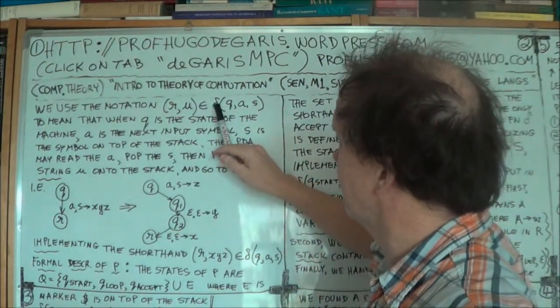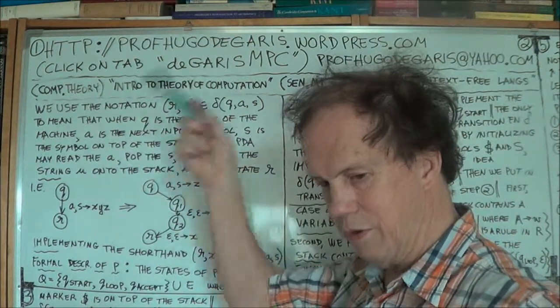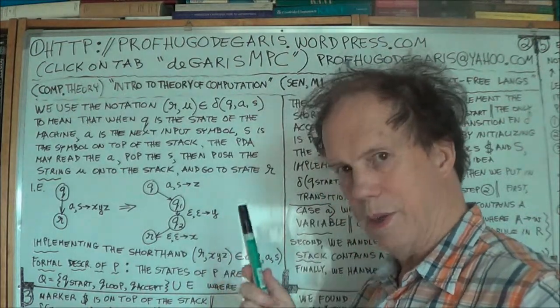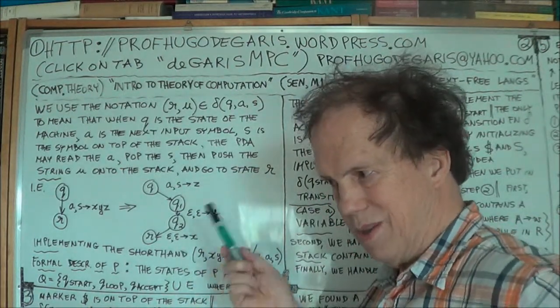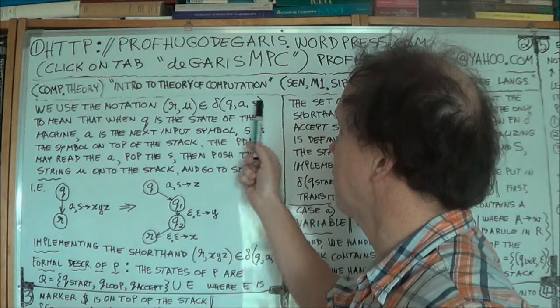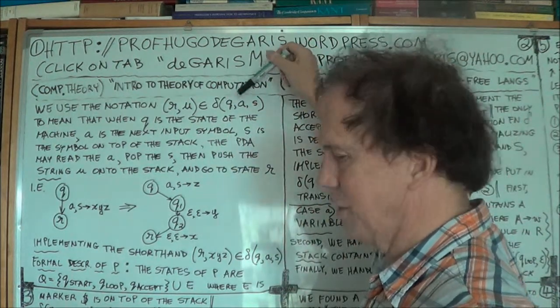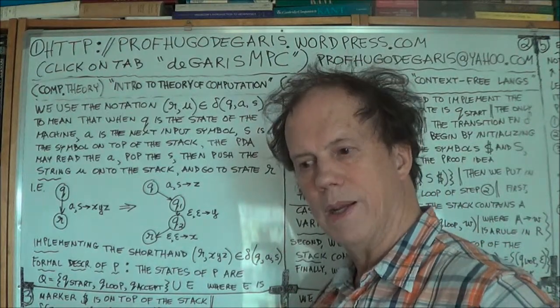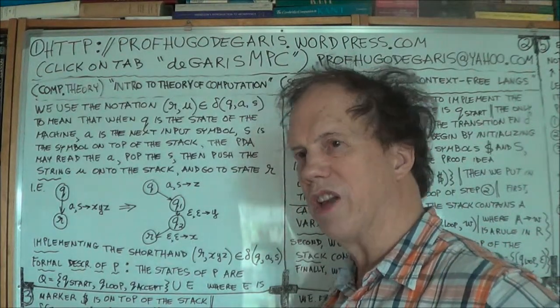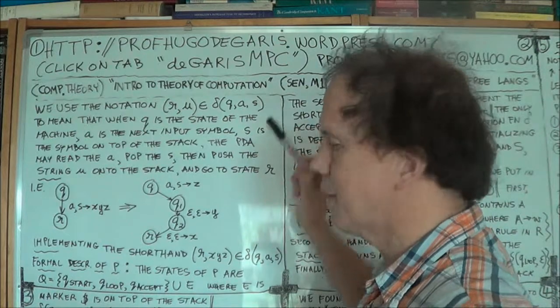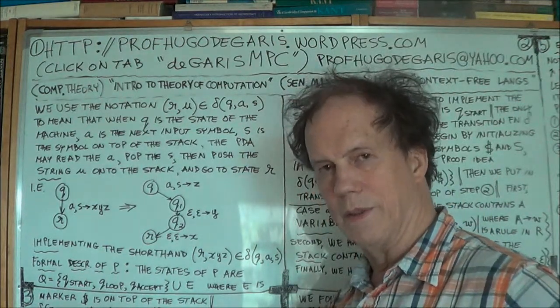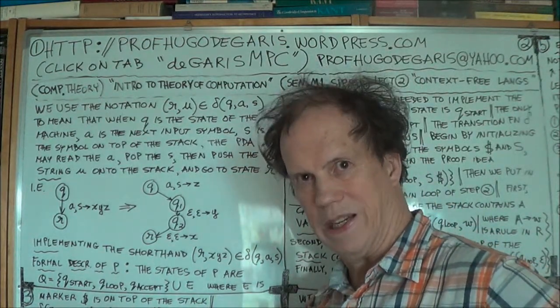So this transition function will give you, depending on 3 things, so it's a function of 3 things in a sense: the current state, that's Q; A is the current symbol being read in the input stream; and S is the symbol at the top of the stack currently.